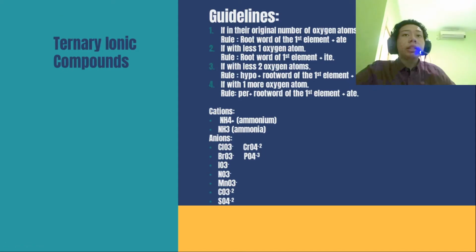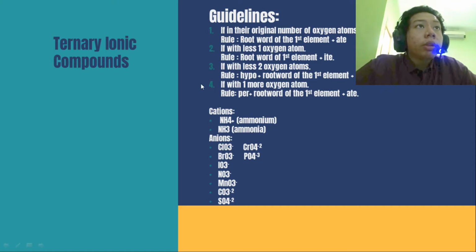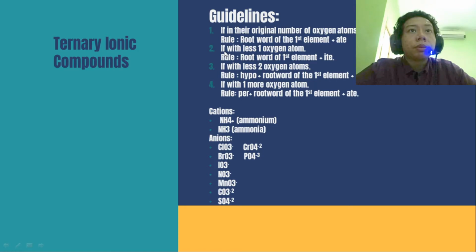Okay, next we're going to talk about ternary ionic compounds. In ternary ionic compounds, there are 4 guidelines. The first is if in their original number of oxygen atoms, the rule is root word of the first element plus ATE.